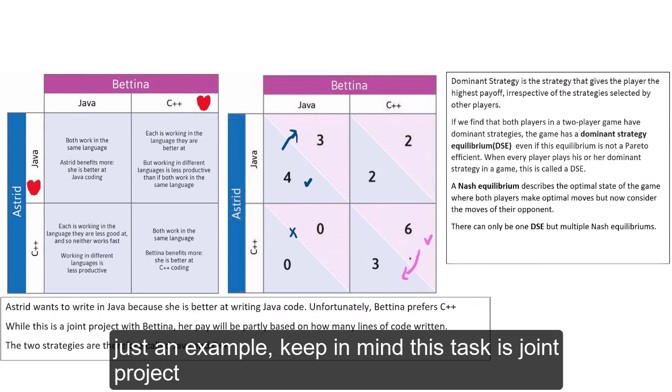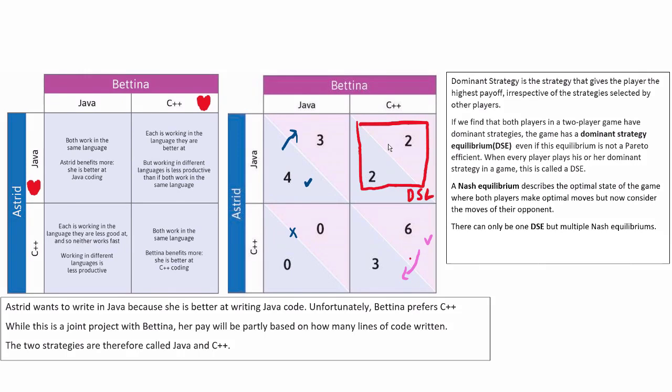So if Astrid uses Java and Bettina uses C++, this is known as our dominant strategy equilibrium, okay? So the payoff is 2 vs 2. So as you can see, just now in our prisoner's dilemma, this is the dominant strategy equilibrium, okay? But this is often not the case, okay?